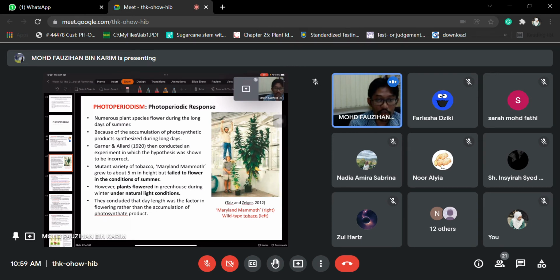And then in 2012, a mutant variety of tobacco, Maryland Mammoth, grew to about 5 meters in height but failed to flower in the condition of summer. Okay. The small ones, if you see in the picture, are the wild types. The one on the right is maybe the mutant. It grew tall, 5 meters high, but failed to flower in the condition of summer.